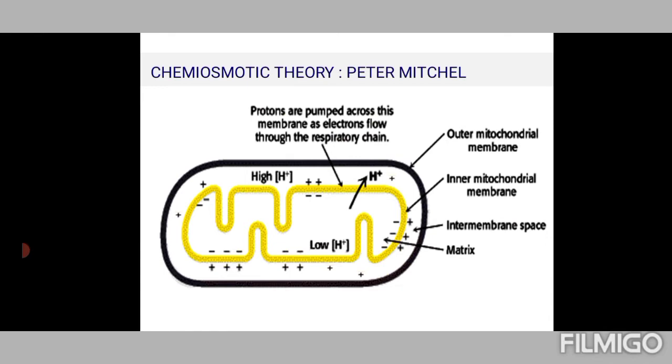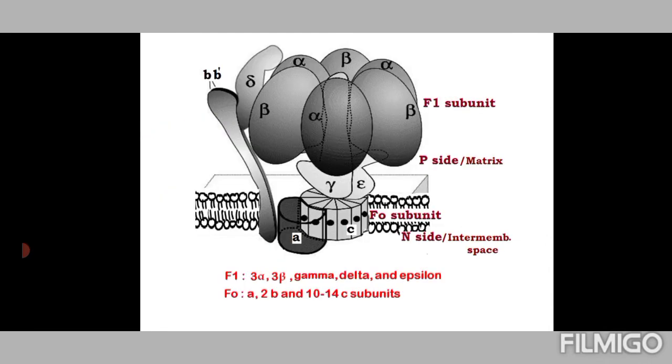In this model, the transfer of electrons through the respiratory chain leads to pumping of protons from the matrix to the cytosolic side of the inner mitochondrial membrane. The space between the inner membrane and outer membrane is called the intermembrane space. So like this you can see the protons jumping from the matrix to here.